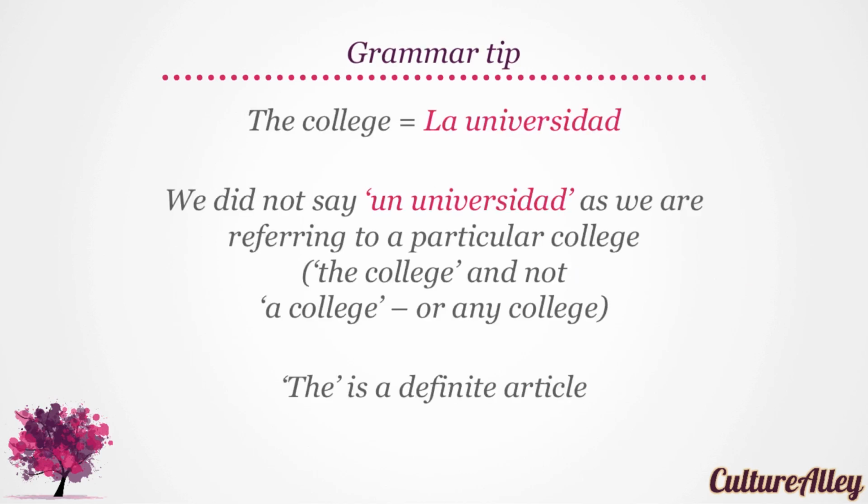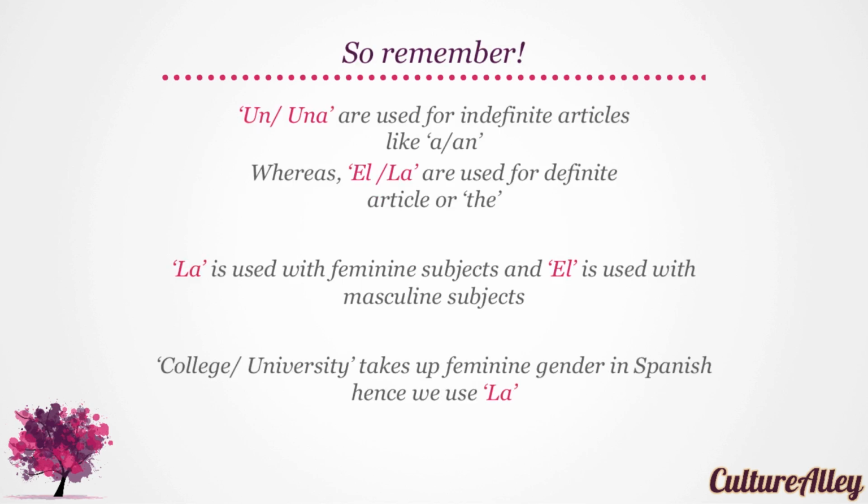Did you notice that the college translates to la universidad? We did not say un universidad as we are referring to a particular college. We saw the college and not a college, which means any college. The is a definite article. So remember, un or una are used for indefinite articles like a or an, whereas el or la are used for definite article or the.